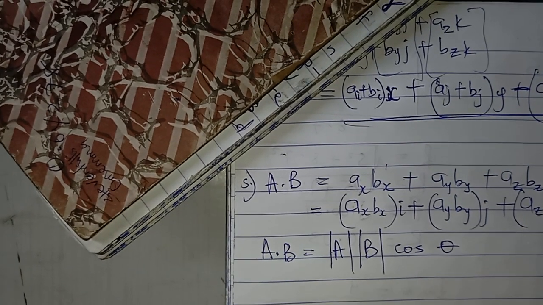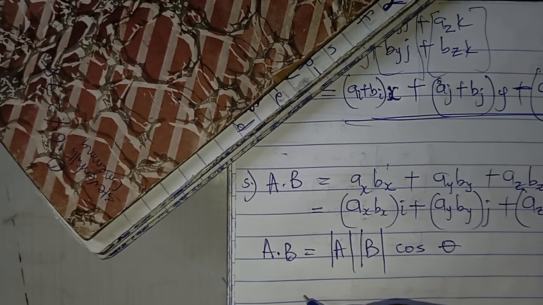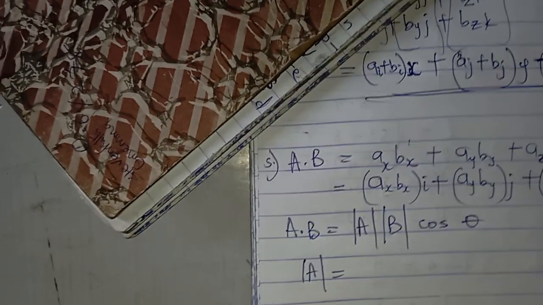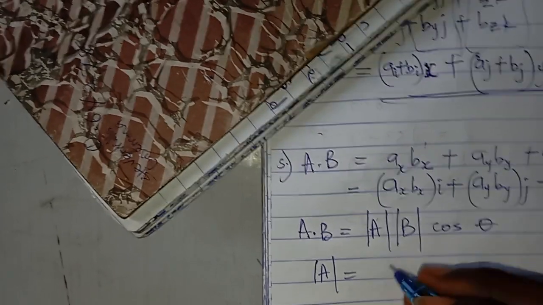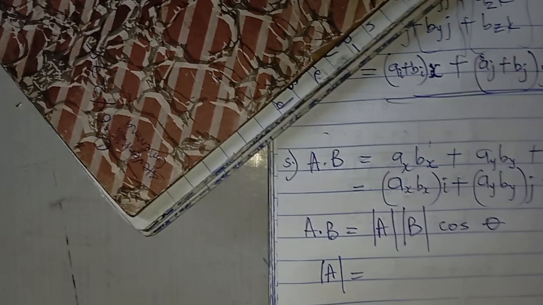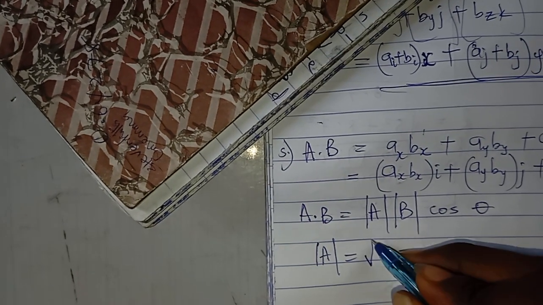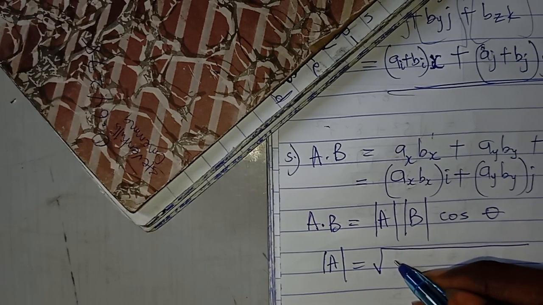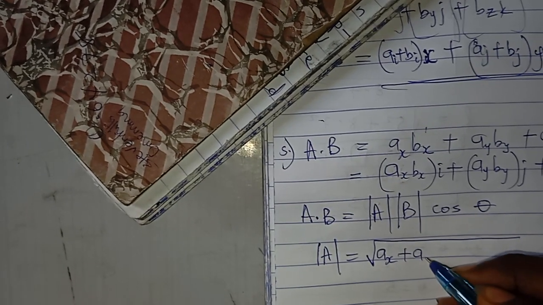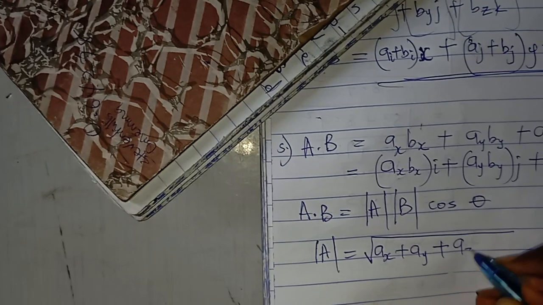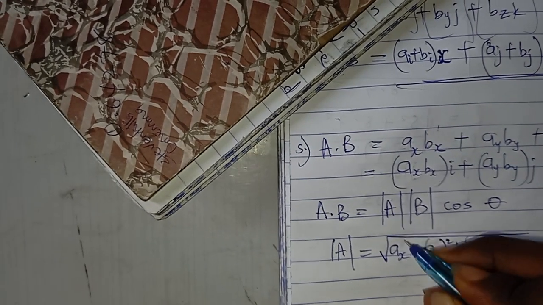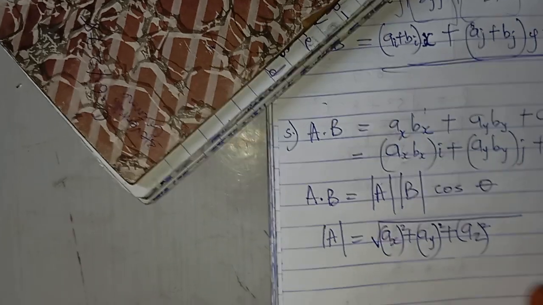So I will now have the sentence saying get the magnitude of A. And magnitude of A is the square root of AX square plus AY square plus AZ square. This is magnitude of A.